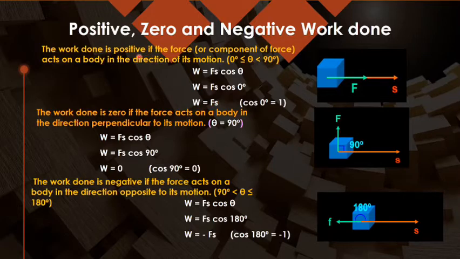Work done is positive even if theta is there, as long as it is less than 90 degrees. Again I get a positive value of cos theta, and as a result work done is always positive, and the maximum positive work done is when theta is 0. This you have to note.